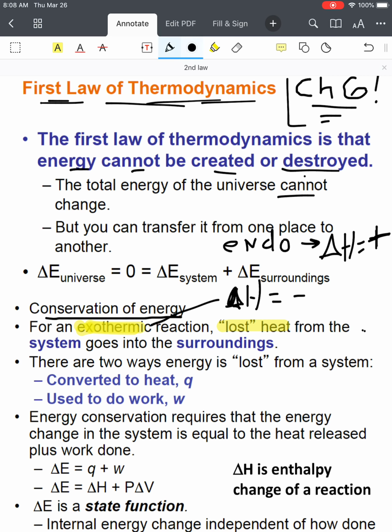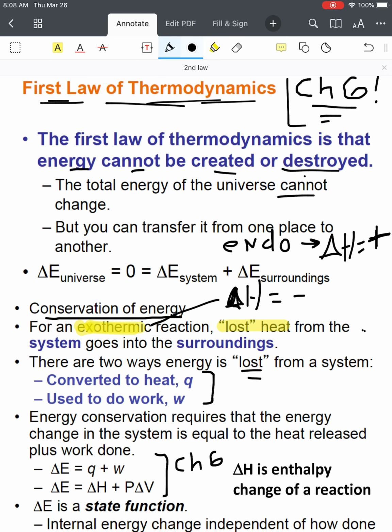Now, there are two ways that energy is lost or transferred between a system and its surroundings: heat and work, Q and W. And last semester, back in chapter 6, you learned a series of equations, such as these right here, to talk about energy flows or energy transfers.